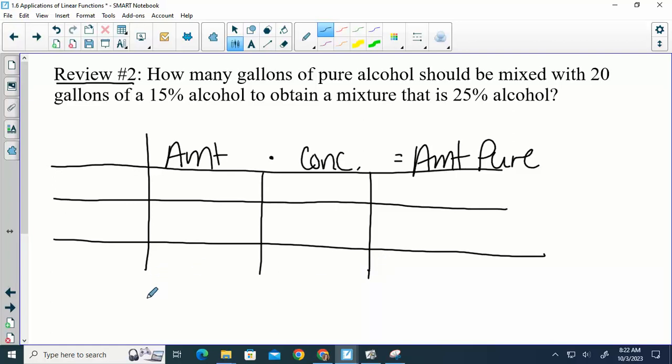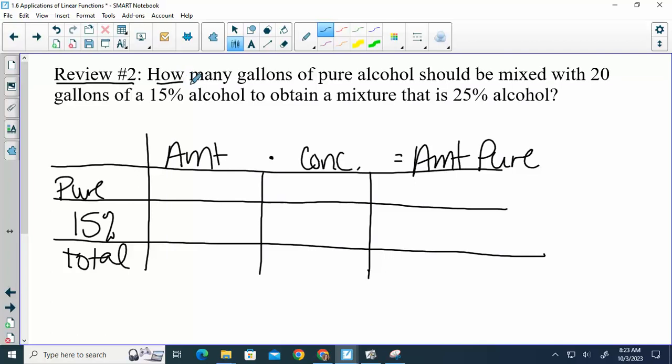We need to put labels on our rows as well, so you can call them first, second, total. You can call them the things you're mixing together. So we're mixing the pure with the 15% to get our total. You have a lot more freedom in what you call those things as long as you can tell the difference.